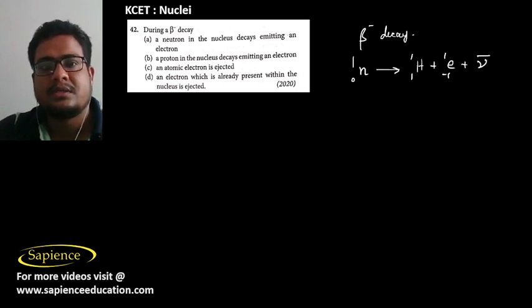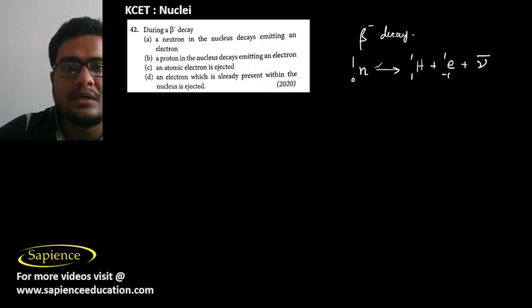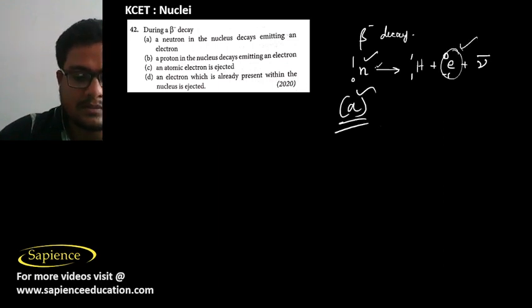So here a neutron in the nucleus will decay, emitting an electron. Option A is the correct answer.